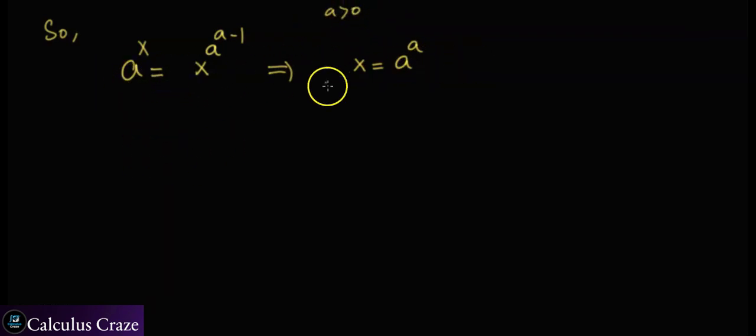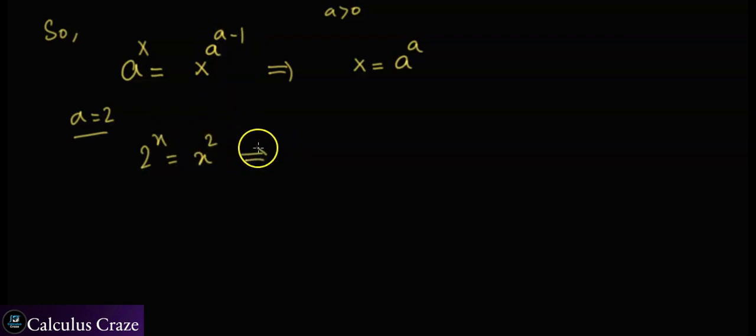So what are the corollaries of this result? If someone takes a equal to 2, then 2 to the power x equal to x to the power 2 minus 1 is going to be the equation, which is x to the power 1. The solution to this equation should be a to the power a, meaning 2 to the power 2, which is 4, right?